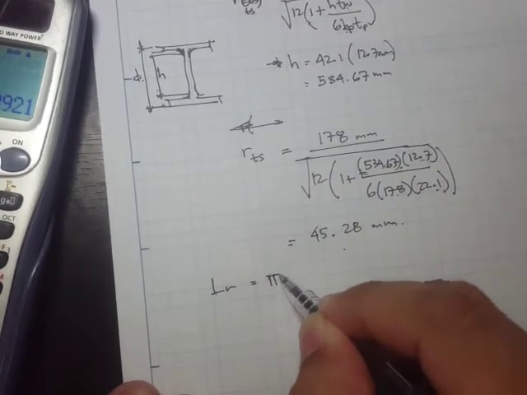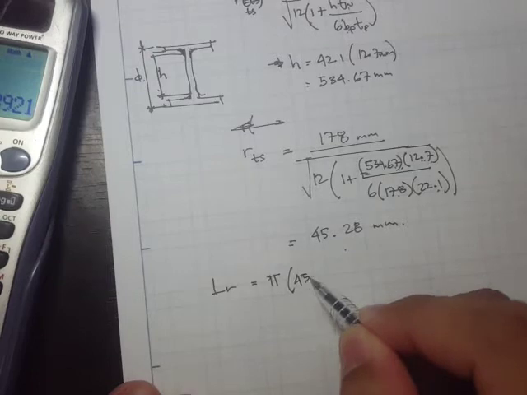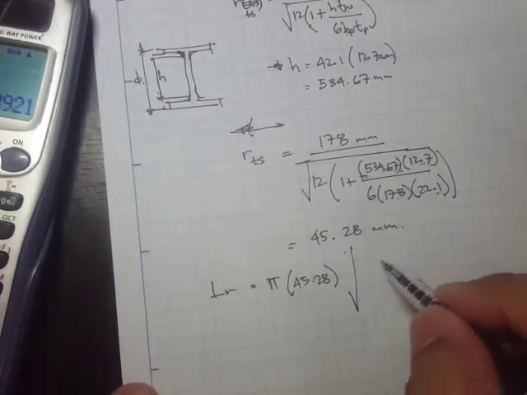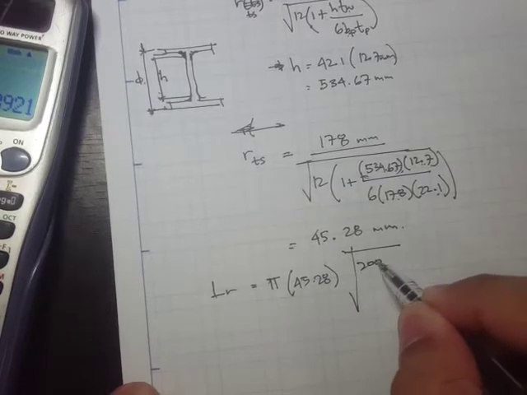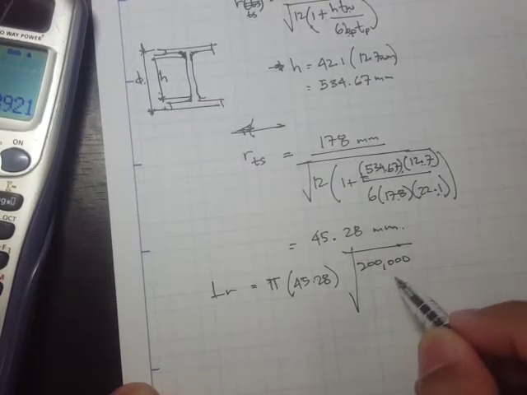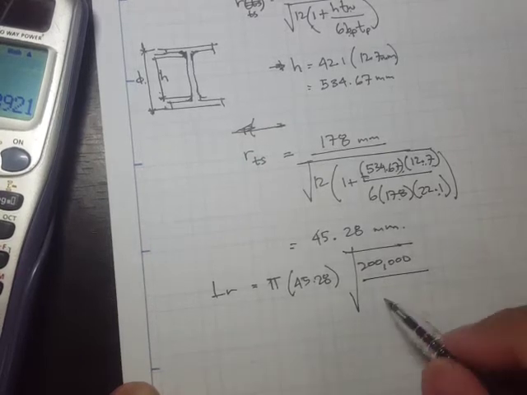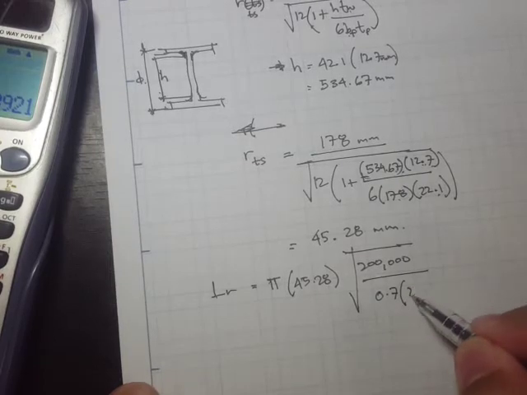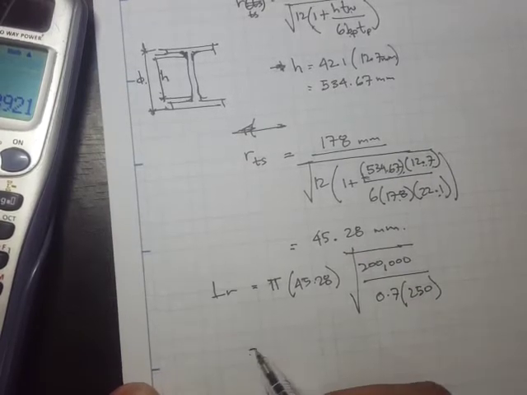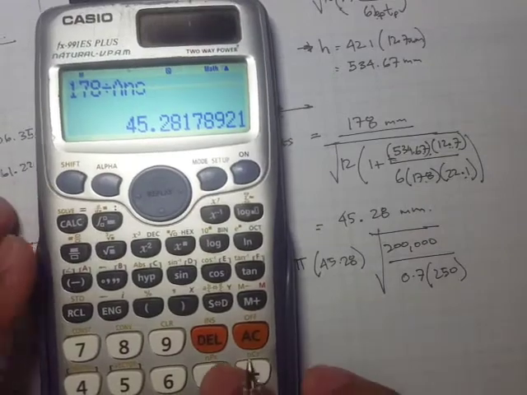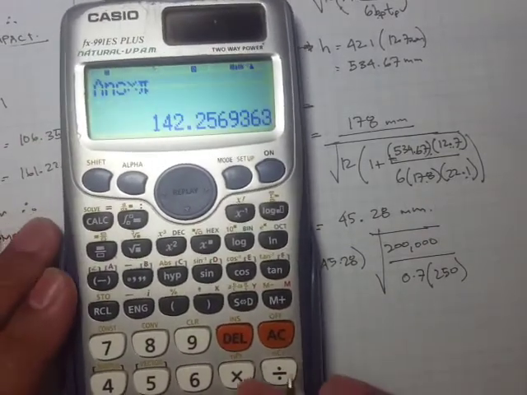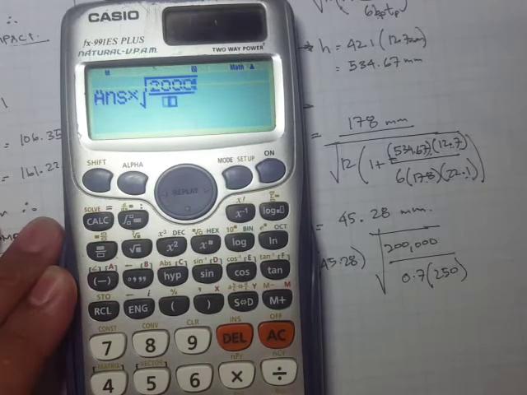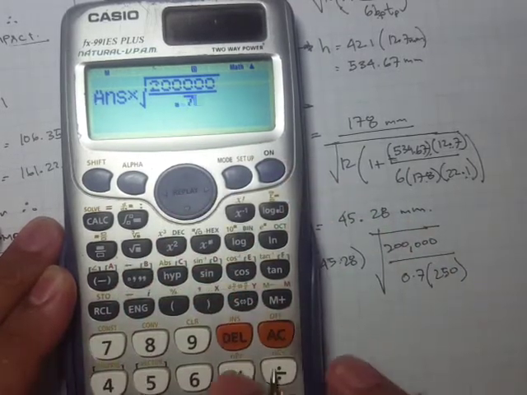Okay, so now we have this, then we can substitute the value in this L sub r equation. So pi times 45.28 times the square root of E, which is 200,000, over 0.7 times the value of Fy, so pi times 45.28 times the square root of 200,000 over 0.7 times 250.